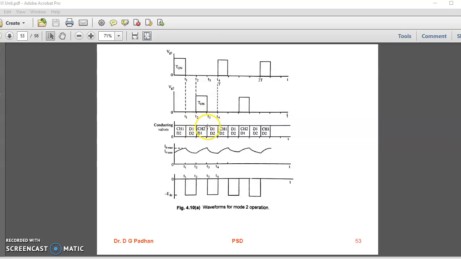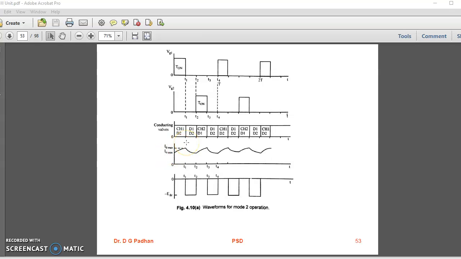So at any instant of time, either chopper 1 or chopper 2 will be conducting, along with the diode. During the interval 0 to t1, chopper 1 and D2 conduct, and the back EMF forces the current to rise from minimum value to maximum value.